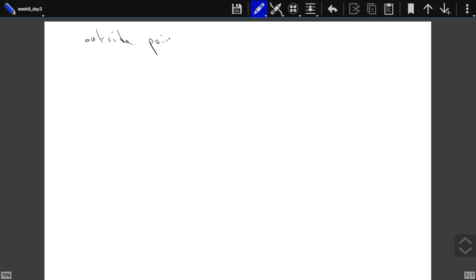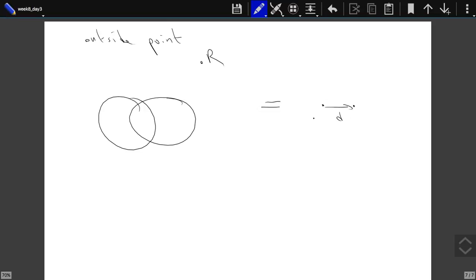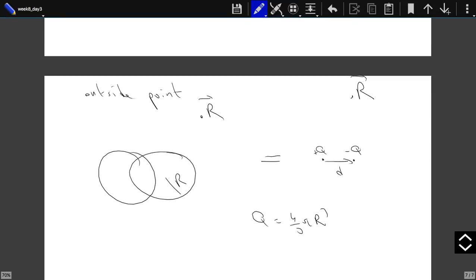For an outside point, this system is exactly the same as if we have one charge over here, another charge over here, separated by D. This is plus Q, this is minus Q, and we are the outside observer, where Q is equal to 4/3 pi R cubed times rho, R being the radius of these spheres. So it's just like a dipole for an outside observer.